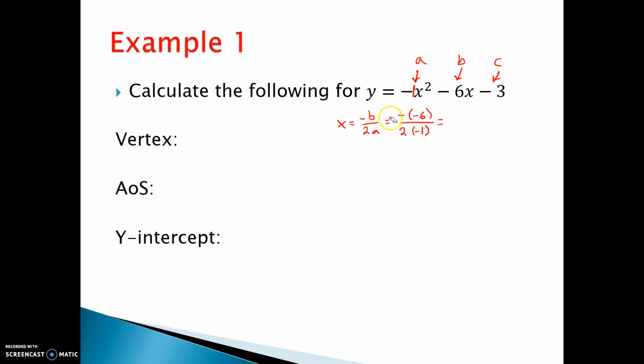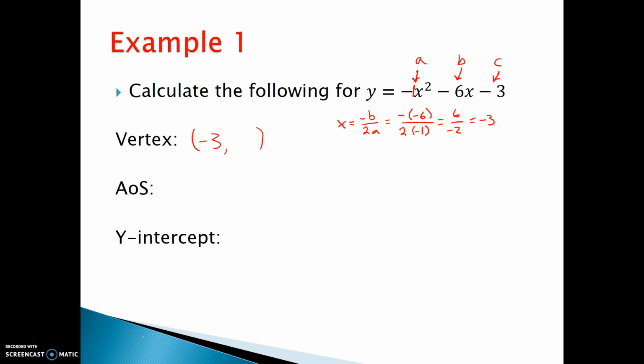So up top again, I get +6 over -2. So 6 divided by -2 is going to give me -3. All right, perfect. I know my vertex is going to be sitting at -3, comma, something.